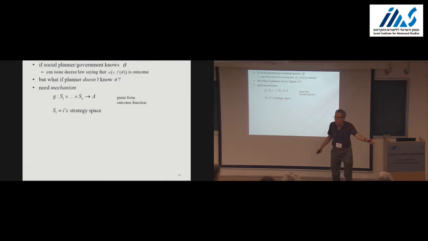We would have to know the state of the world to know what the payoffs are. And the whole point is that the planner who is choosing G doesn't know what theta is. So we look instead at a game form where capital S_i is player i's or individual i's strategy space, and the result of everyone picking a strategy is some feasible outcome.